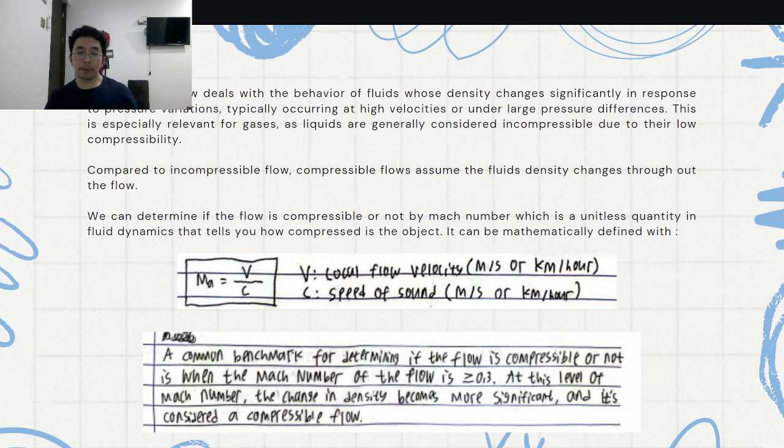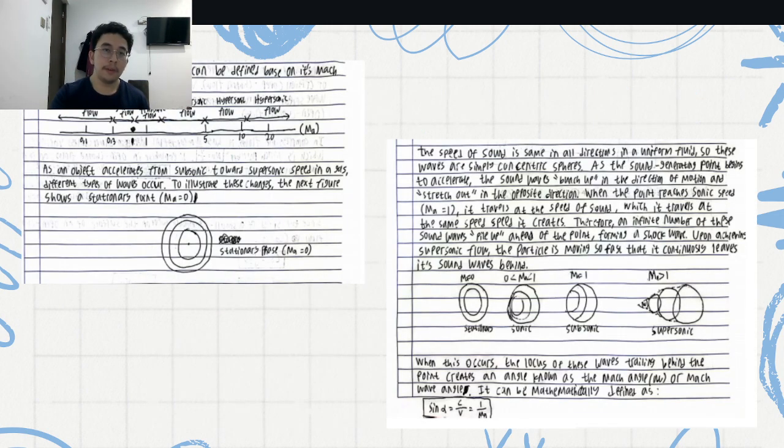A common benchmark for determining if the flow is compressible is when the Mach number is above or equal to 0.3. At this level of Mach number, the changes in density become more significant and it's considered compressible flow.